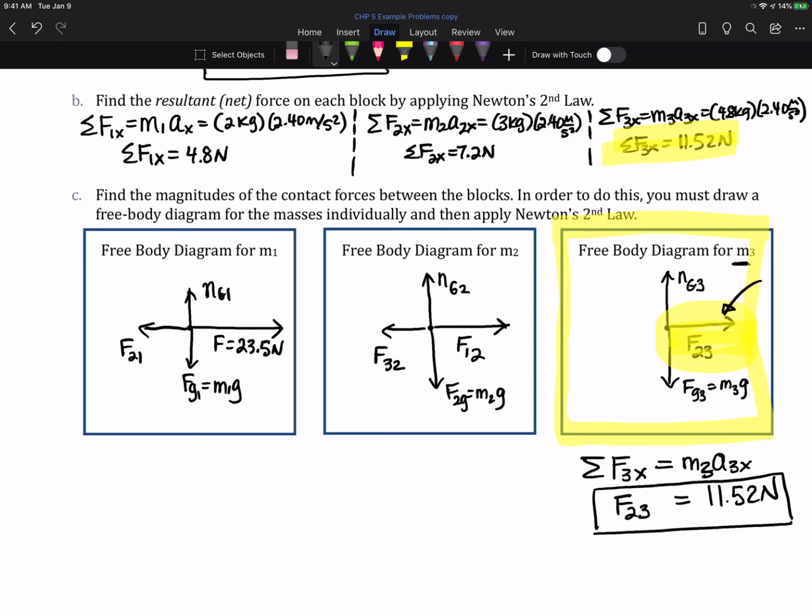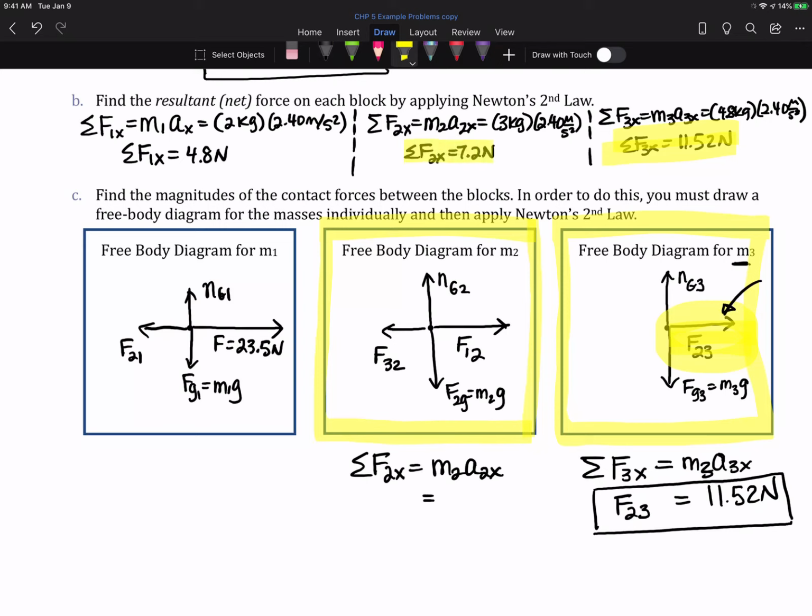I can keep working my way back, and I can now look at the sum of the forces if I wanted to on mass 2. And the sum of the forces on 2 in the x direction has to equal the mass of 2 times the acceleration of 2 in the x direction.